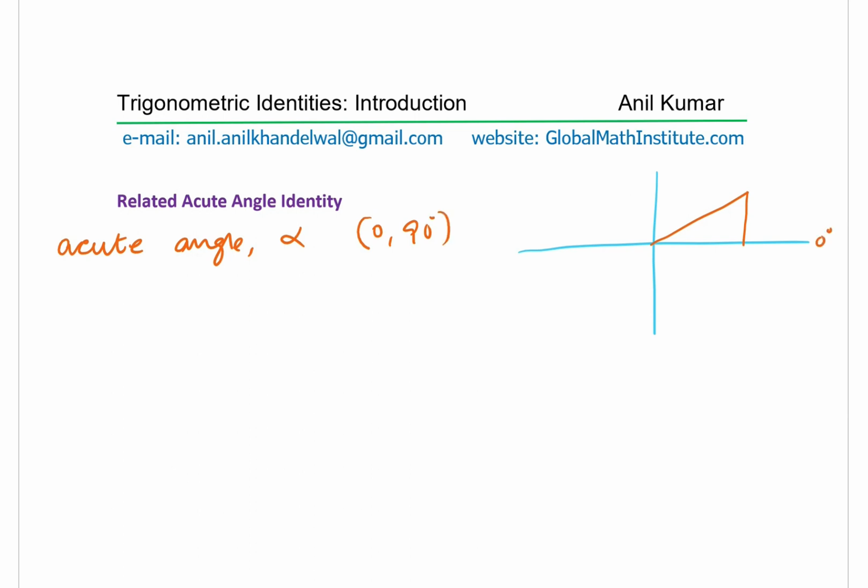So this is your 0 degrees and that is 90 degrees. Now in this particular quadrant, all are positive. All means all trigonometric ratios. So all trigonometric ratios are positive for alpha, correct? Because alpha is between 0 to 90 degrees.